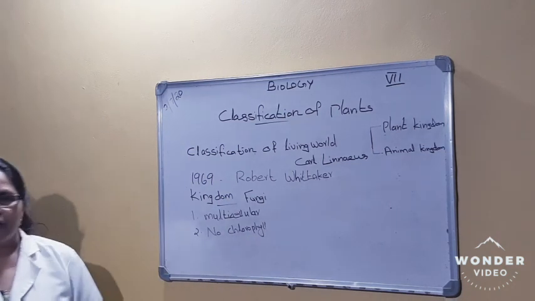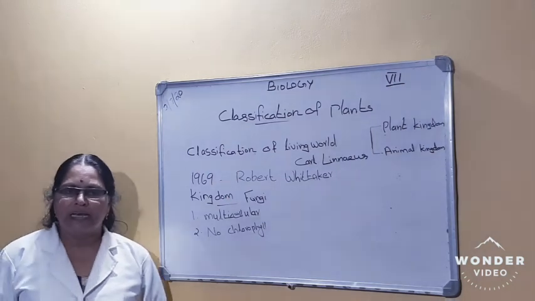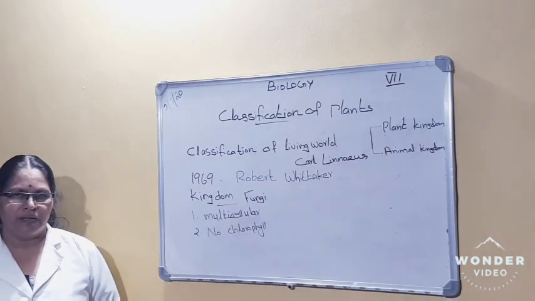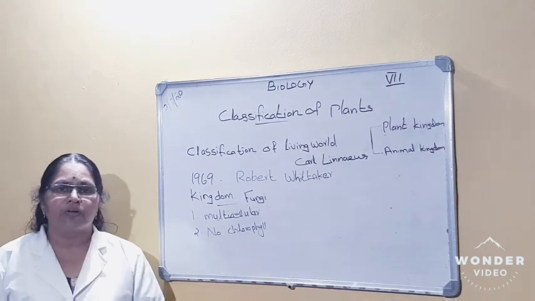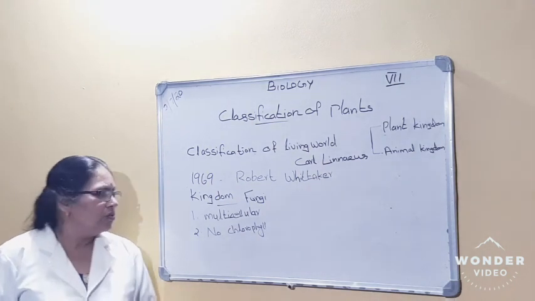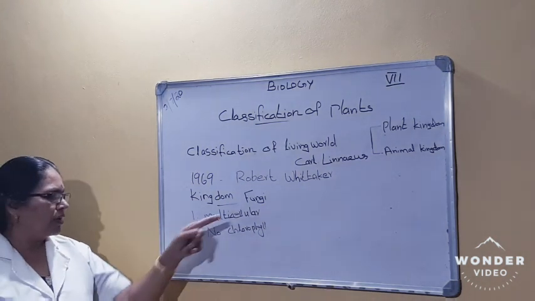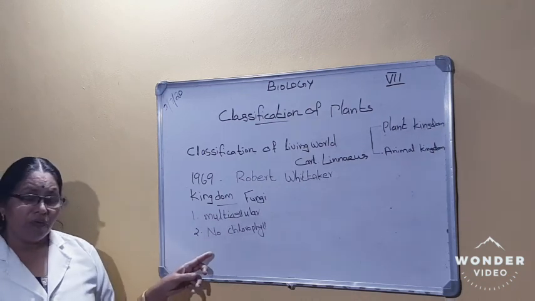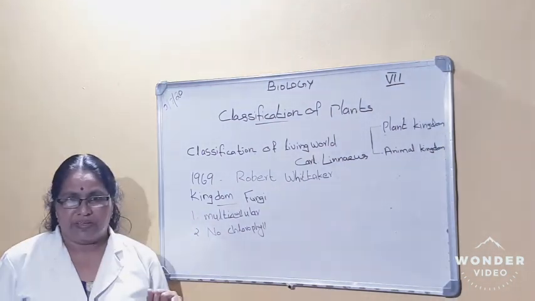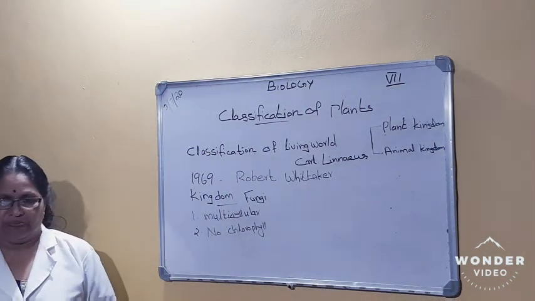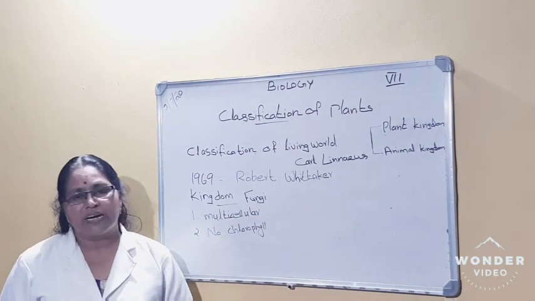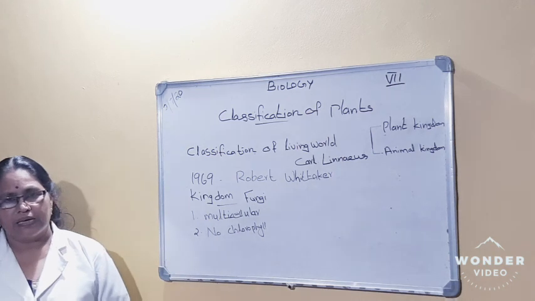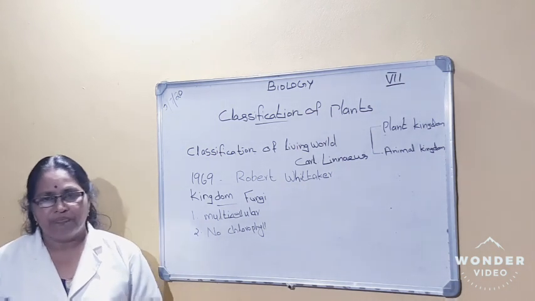So what will happen if there is no chlorophyll? They cannot prepare the food. They are heterotrophs. They depend on other organisms for their food. So, multicellular organisms without chlorophyll. Example, fungus. What are the different types of fungi? Can you name?